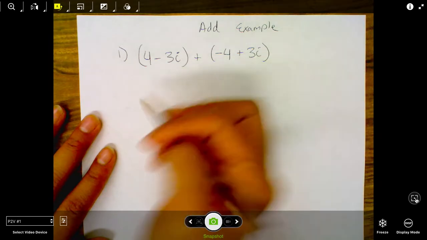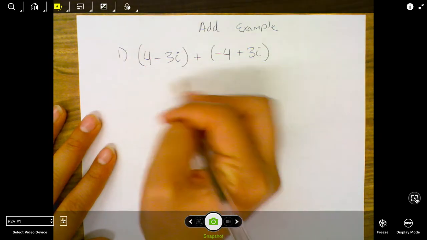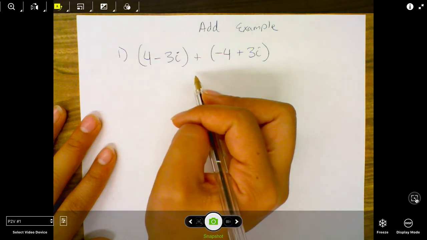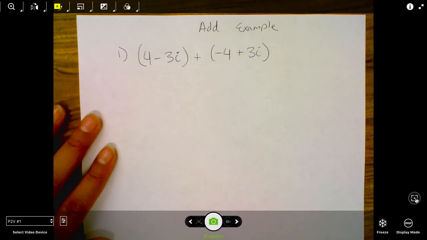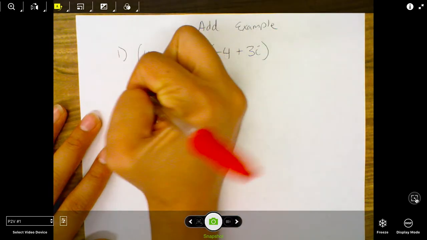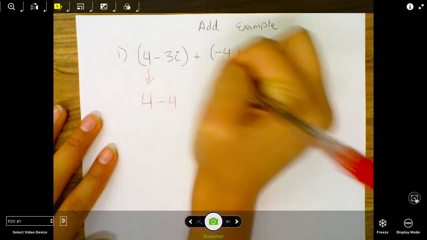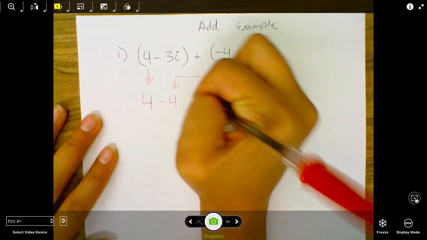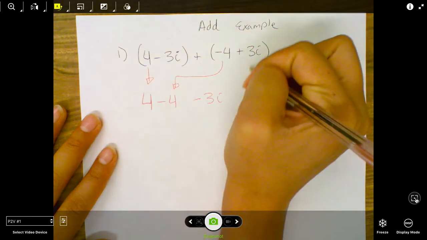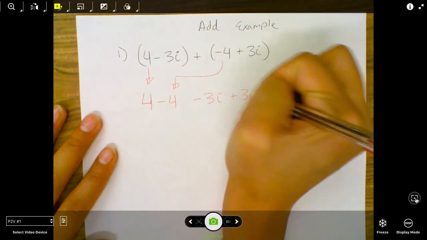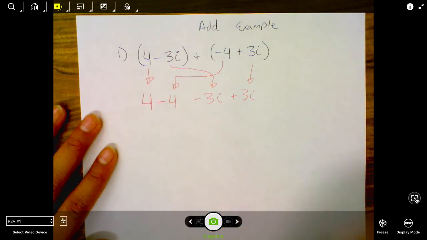What we want to do is rearrange things so that we have real numbers with real numbers and imaginary numbers with imaginary numbers. We really don't need these parentheses, so we can just ignore them. Let's write the real numbers together, so that's this one and this one. And then we have a -3i with a +3i, so that's this one and this imaginary number.